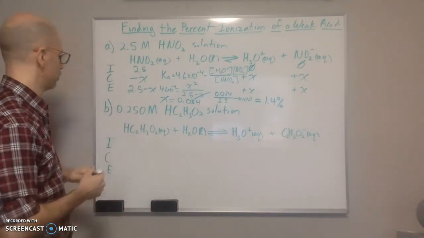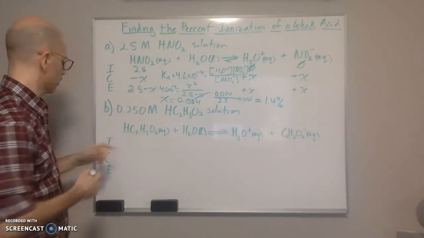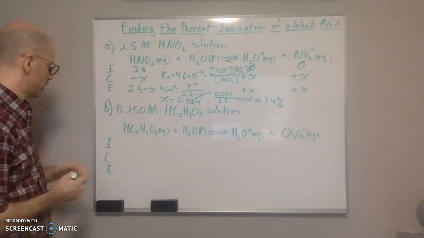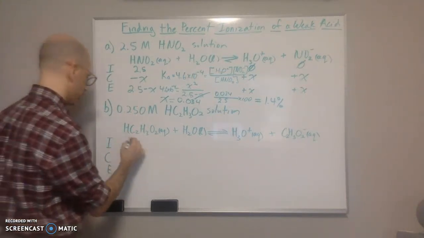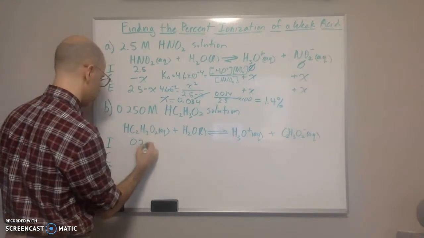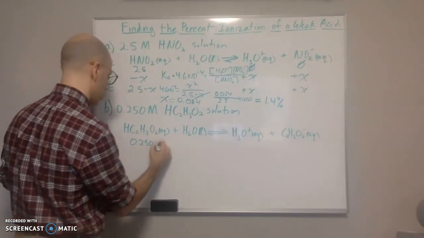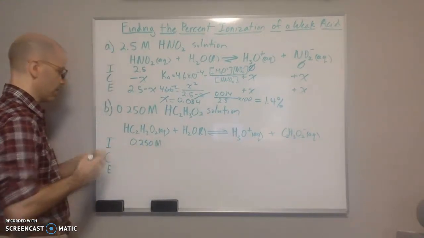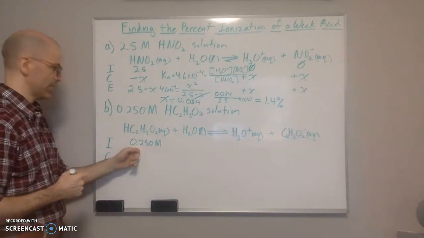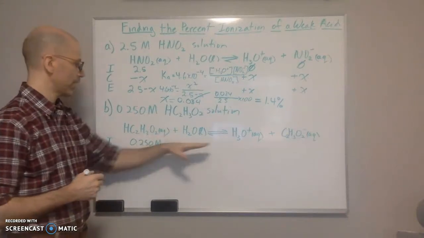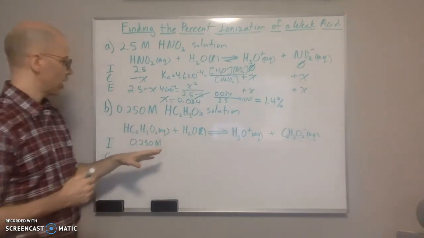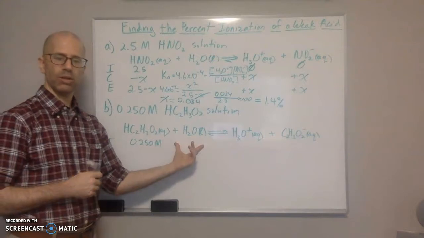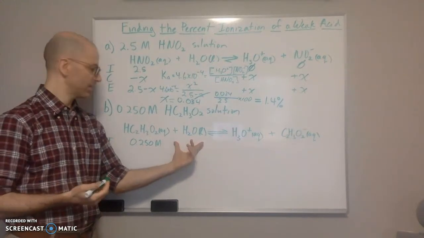First thing you want to do is write out your ICE chart. So the initial concentrations, you're going to start with 0.250 molar concentration of your acetic acid. And then we're going to look at here. So we have lots and lots of water. This is happening in water.